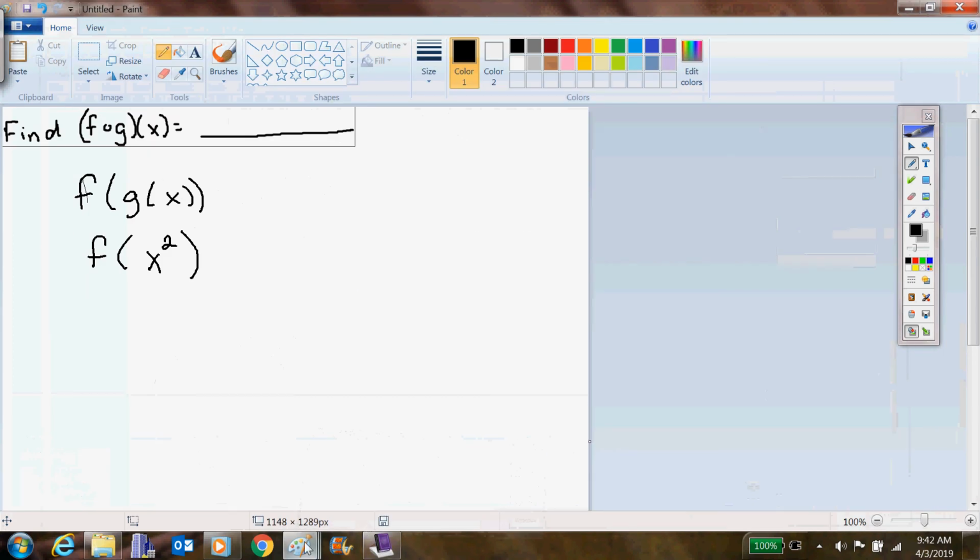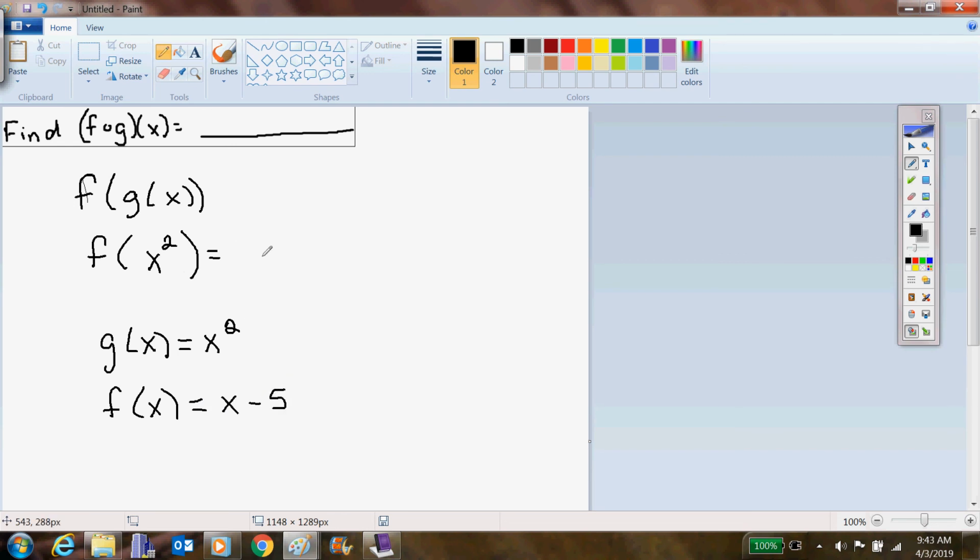And so what we're doing then is, because g of x equaled x squared, we had to replace that, and our f of x value was x minus 5. So what's it going to do if we're taking f of x squared? It would be x minus 5 times x minus 5.